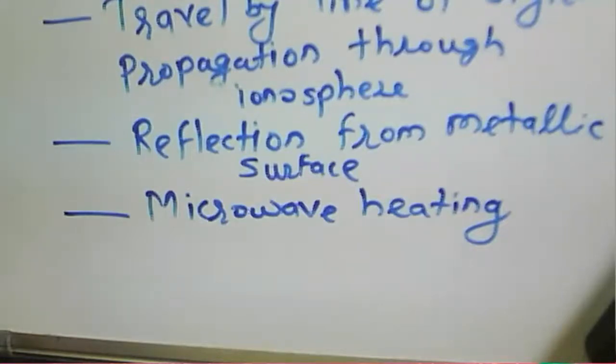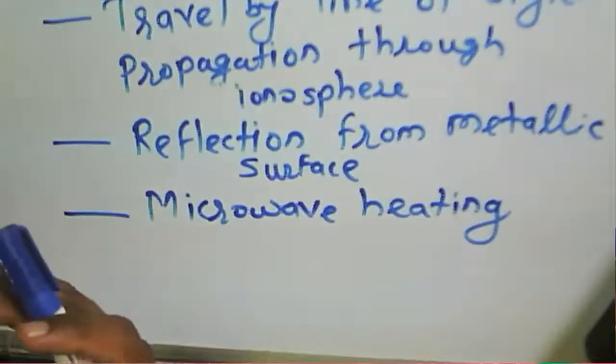We can even use microwave heating in a processing plant, in industry, for painting, for drying clothes, or in a medical center to remove a mole, to heal a wound, or through microwave radiation we can remove tissue or burn the tissue.